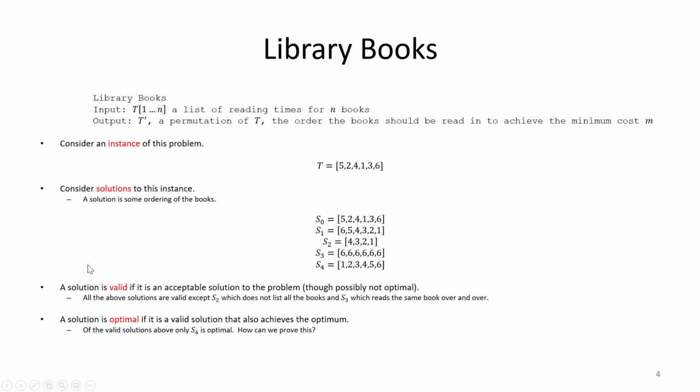So the first definition that I want to apply here is the definition of validity. Okay. So a solution is valid if, at least according to our problem, it counts as what we might count an acceptable solution to the problem. Okay. Now what that means is, say you're out in the real world and you're facing this problem, you had to read the books, you didn't know what order to read them in.